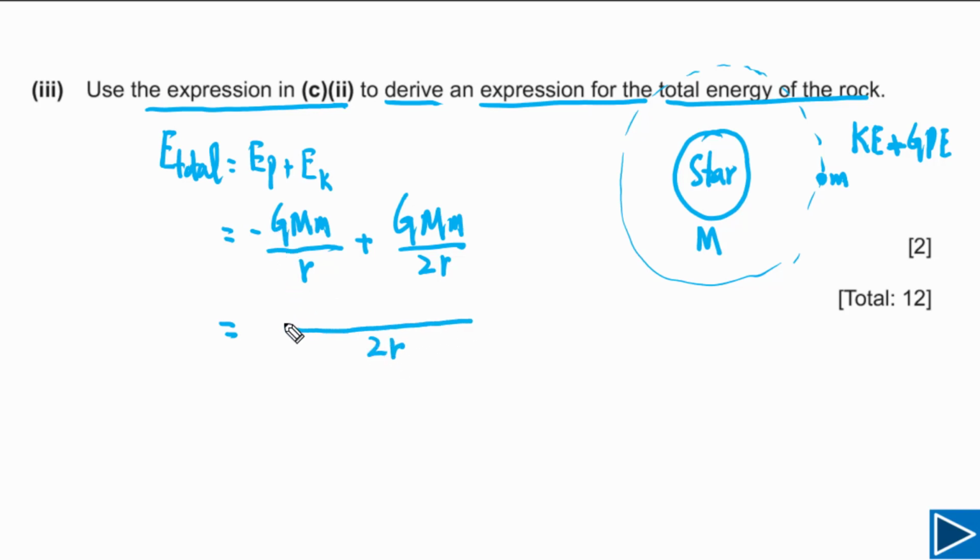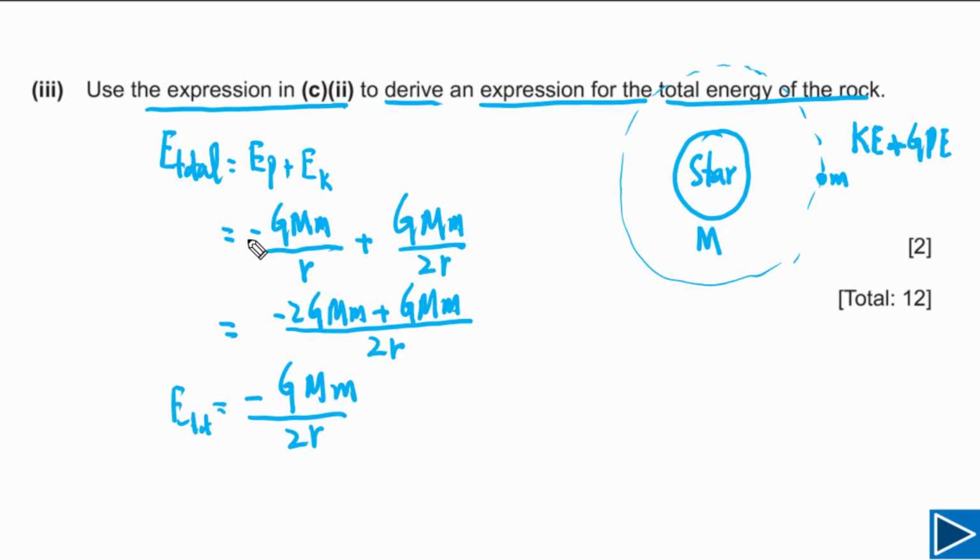So this one has to be multiplied by 2 because if you divide 2R by R, you will get 2. So this is negative 2 capital G, capital M, small m, plus G, capital M, and small m. So our final answer in this case is negative capital G, capital M, small m divided by 2R. So this is total energy of the rock.